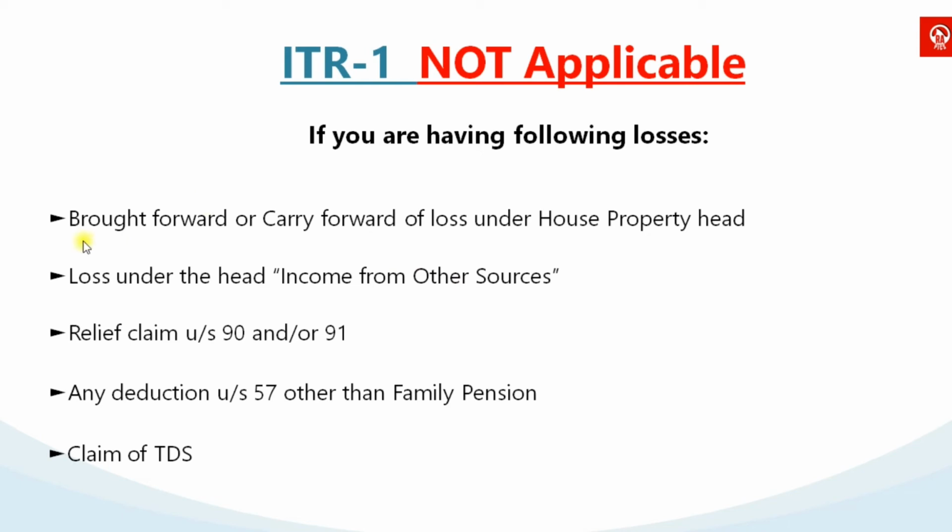Those are any brought forward or carry forward of losses under the house property head, or loss under the head income from other sources, or if you have any relief claim under section 90 and/or 91, or if you want to claim any deduction other than family pension under the other sources head, or if you have any claim of credit of TDS in the hands of any other person, then you should not use the ITR1 form for your income tax return filing.